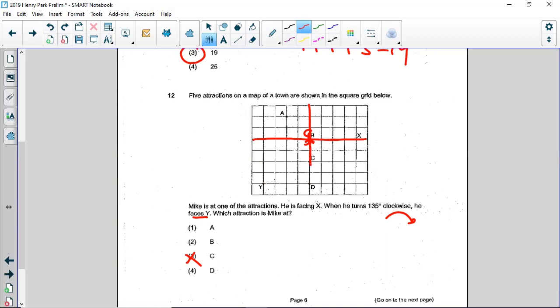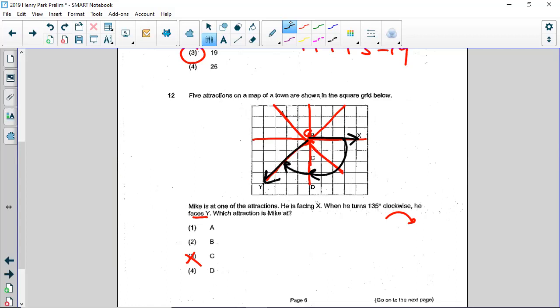Make sure that your line cuts through the square diagonally. He is facing X at first, and when he turned 135 degrees clockwise, that's 90, and then another 45, he will now face Y.